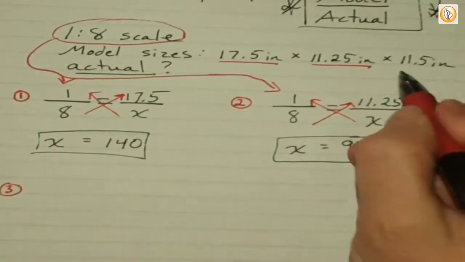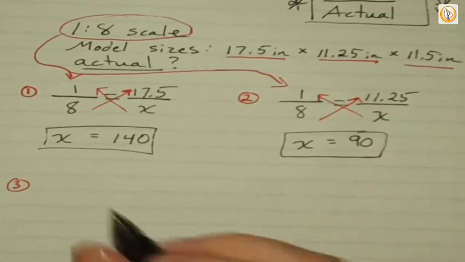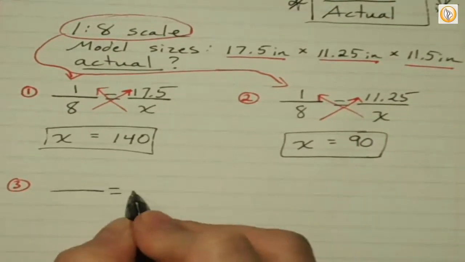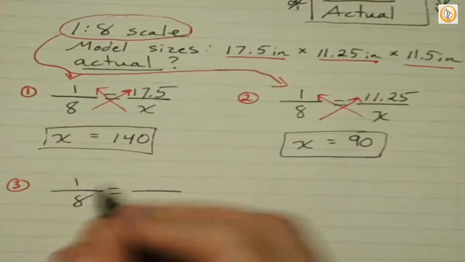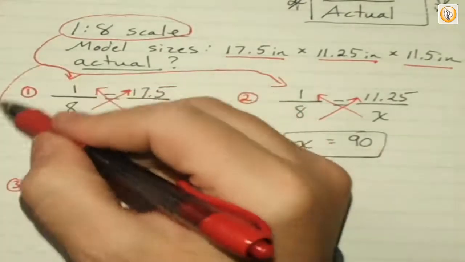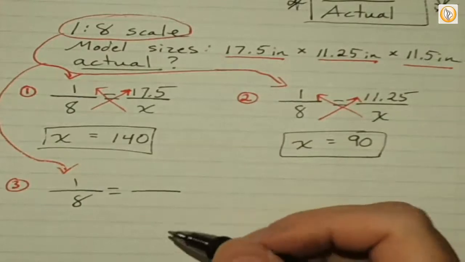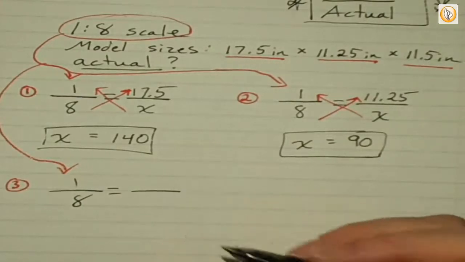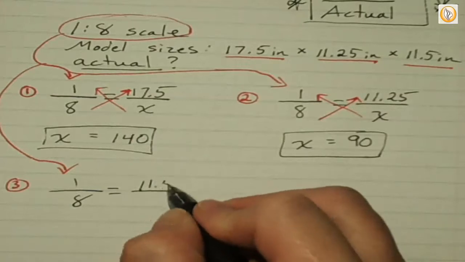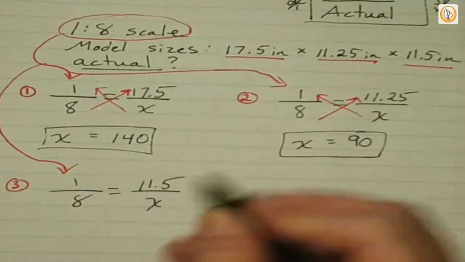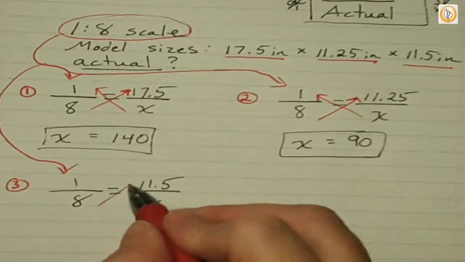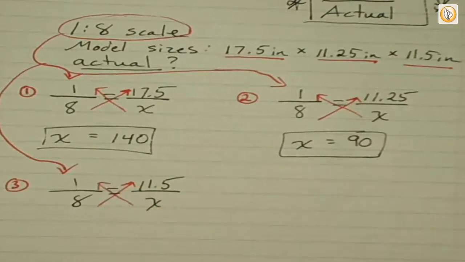Now I'm doing my third number. Cecilia, what goes in my first ratio? 1/8, because that is the scale. 11.5, Whit, does that go on top or bottom? Top. Because it's the model. I cross multiply.